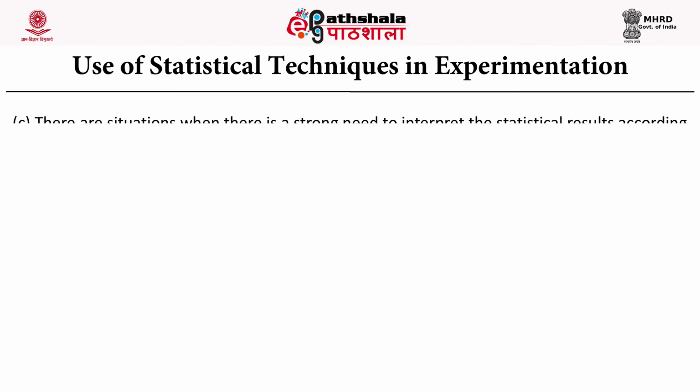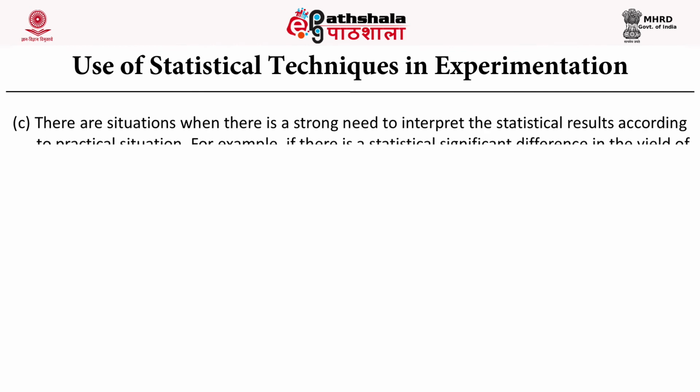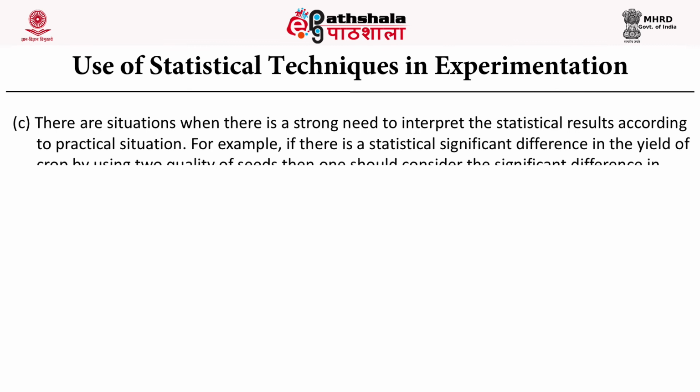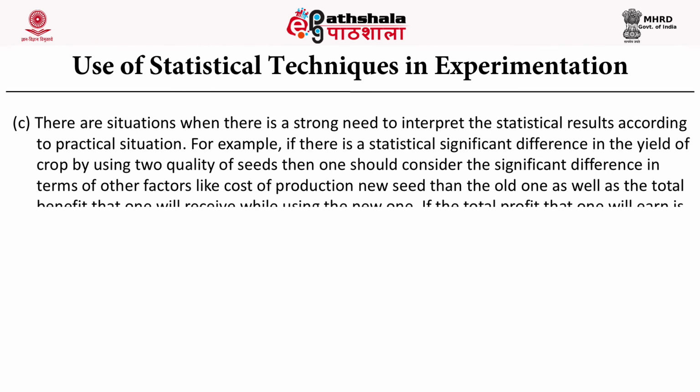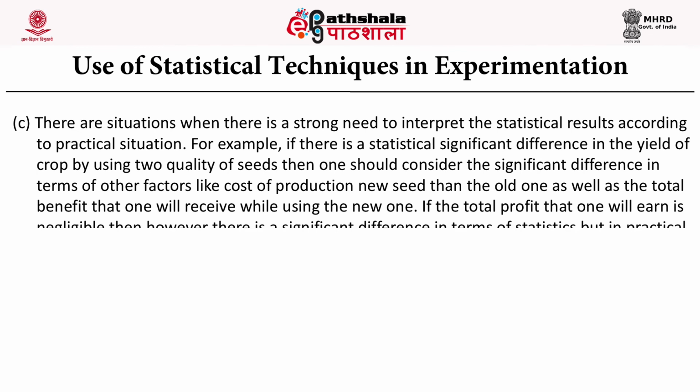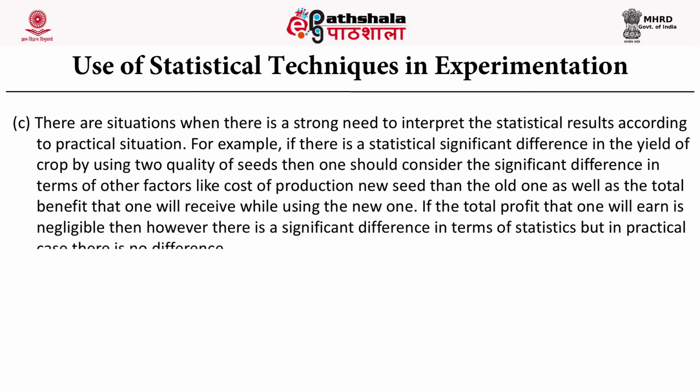There are situations when there is a strong need to interpret the statistical results according to the practical situation. For example, if there is a statistically significant difference in the yield of a crop using two qualities of seeds, then one should consider the significant difference in terms of other factors like the cost of production of the new seed compared to the old one, as well as the total benefit that one will receive while using the new one.